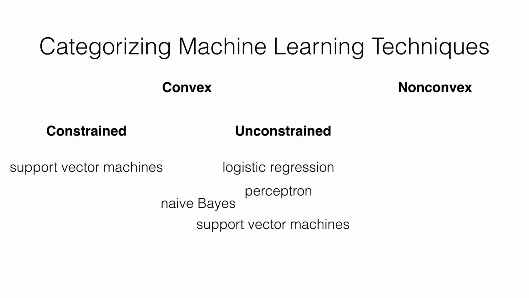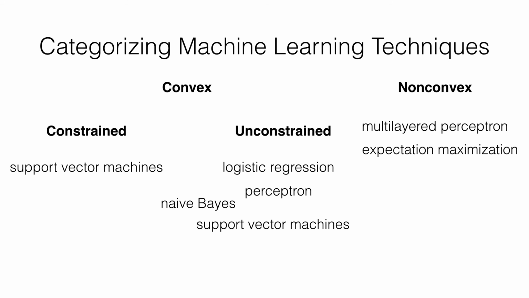So for non-convex objectives, we saw the multi-layered perceptron in the last video. I didn't go over how you actually optimize the thing, but we've seen that even just with one hidden unit, an input unit and a hidden unit, and then the output, we already have a non-convex objective. Another thing we'll look at for non-convex optimization is expectation maximization, specifically in the context of clustering.